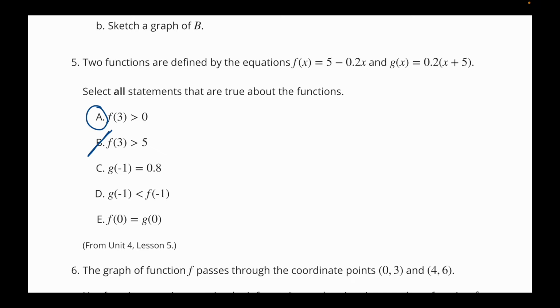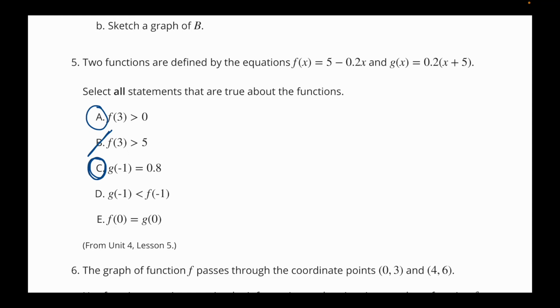And since I'm subtracting from it, it's just not going to be true. Now plugging in a negative number in option C here. So we're going to plug in -1, and that's plugging into G. So that would give us 4 on the inside of our parentheses, and then times that 0.2 would indeed give us 0.8, so C is also correct.